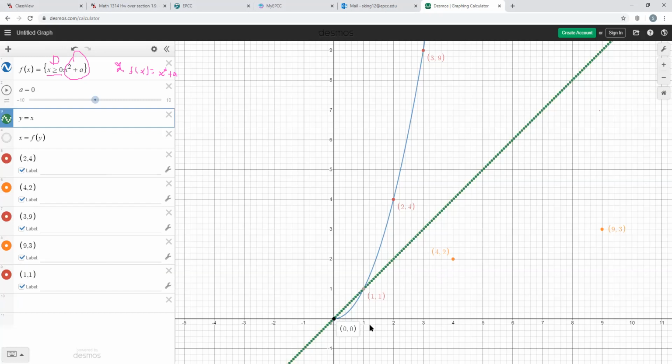Now, another interpretation graphically is the point on the first function, if you call it f of x, and its partner point on the inverse function, f inverse. Not only are they inverted, 2, 4 to 4, 2, 3, 9 to 9, 3, and so forth.